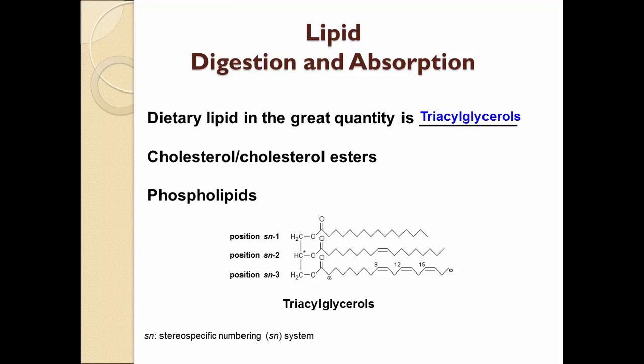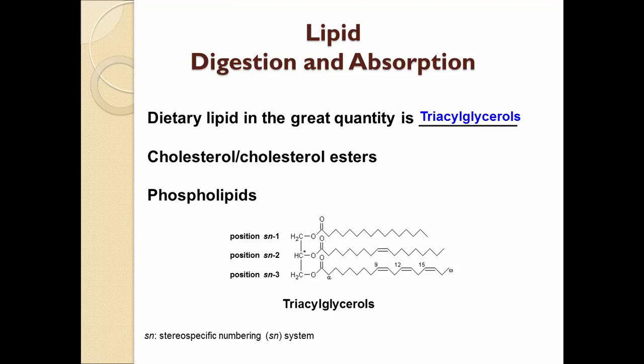The glycerol backbone has 3 different carbons at different positions. We call the top one the SN1 position carbon, the middle one SN2, and the bottom one SN3 carbon, right, in the glycerol.